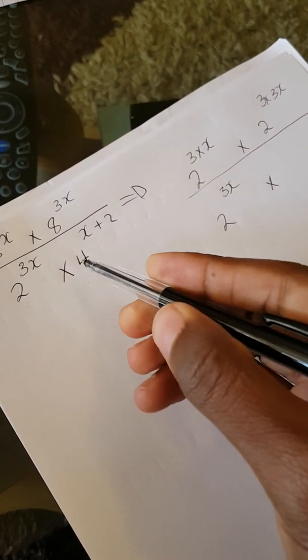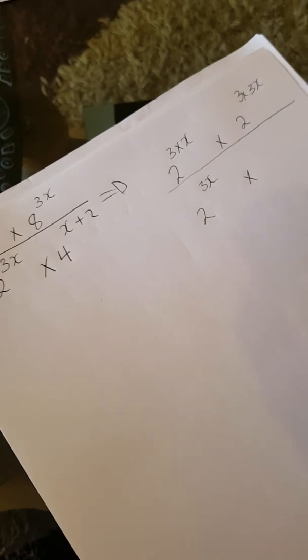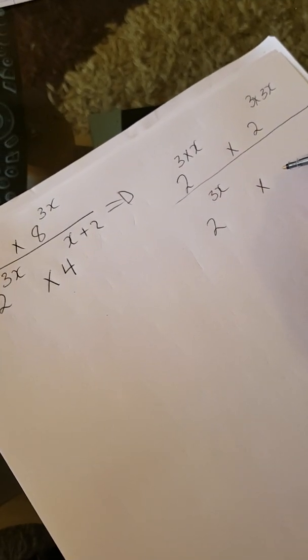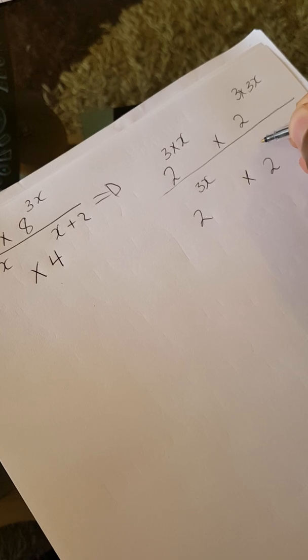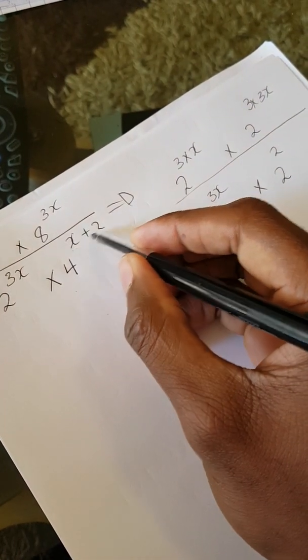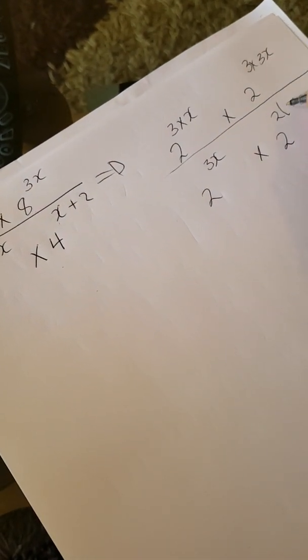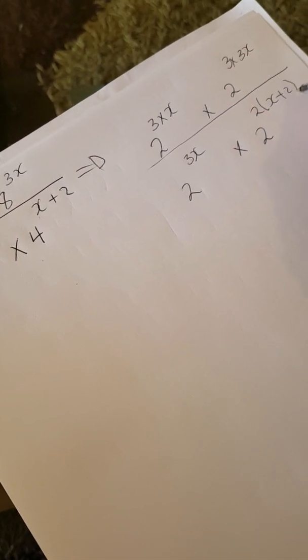So to get 4, you must say is 2 to the power of what? Okay, so 2 to the power of 2 you get 4. So already there was an existing exponent, so you must say is 2 to the power of 2 open bracket x plus 2 close bracket.